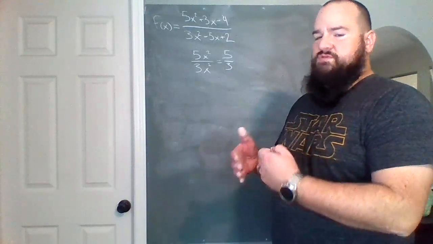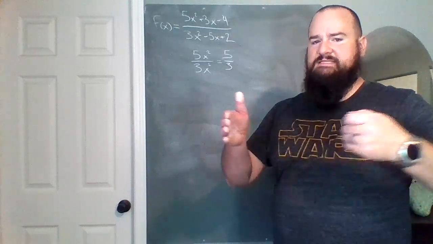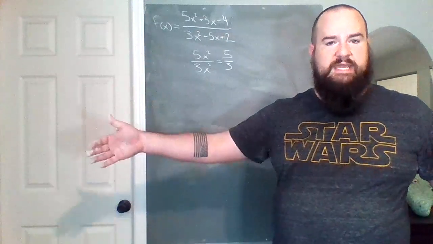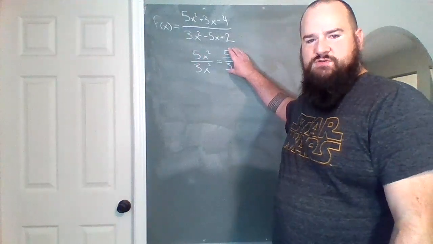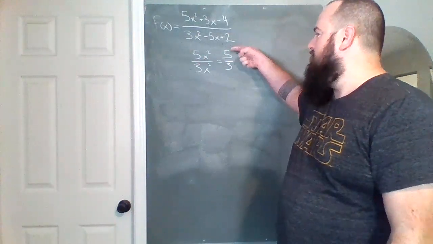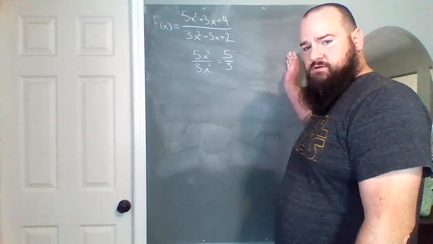Now, since horizontal asymptotes are end behavior of a function, we're talking about as x gets bigger and bigger and bigger, or more and more negative. So once we've simplified this ratio of leading terms, we can just ask ourselves, what happens to this thing here as x gets bigger?